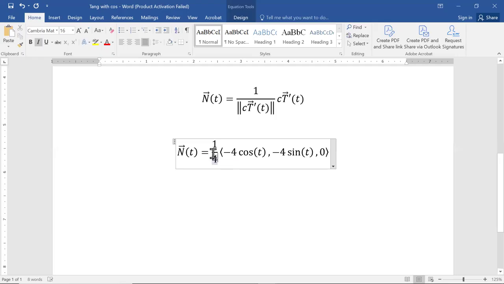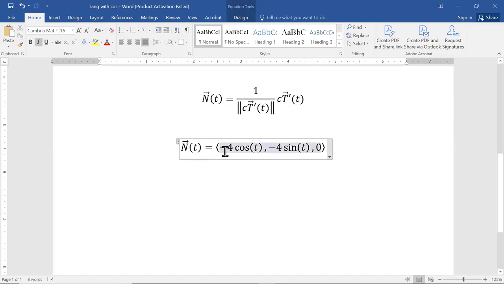In this case, it makes sense to multiply in because 1/4 times -4 is -1, and 1/4 times 0 is 0. So my unit normal vector turns out to be really nice: negative cosine t, negative sine t, 0.